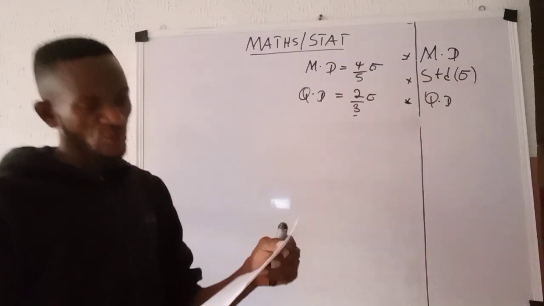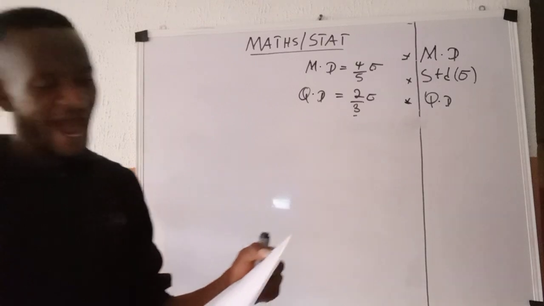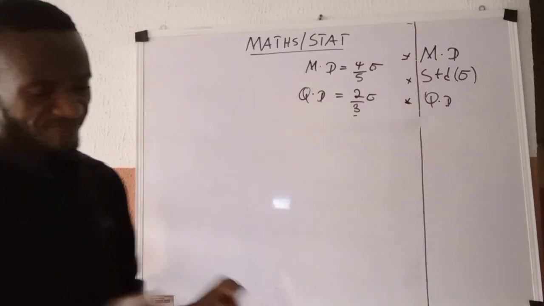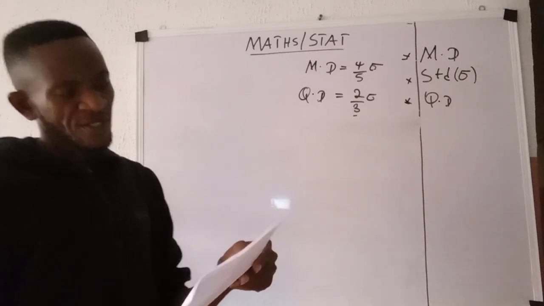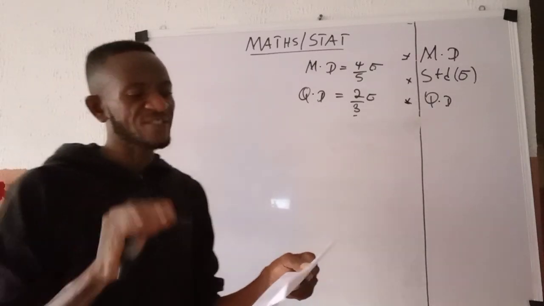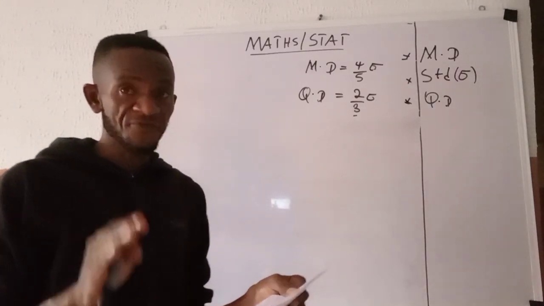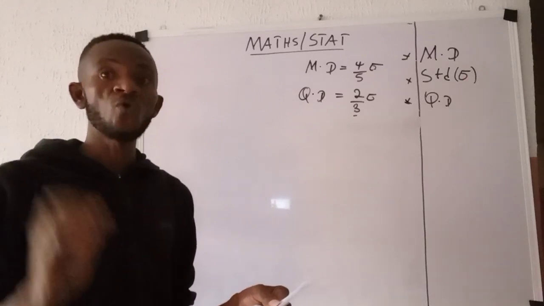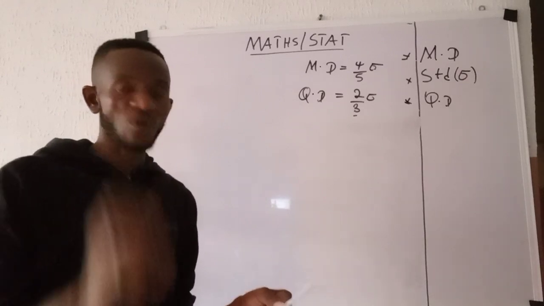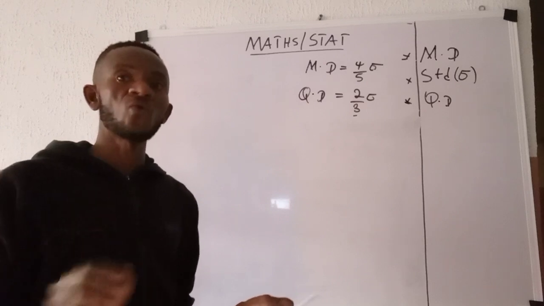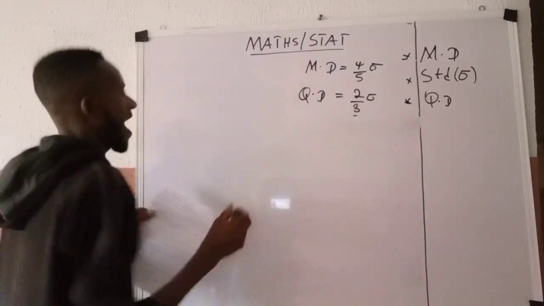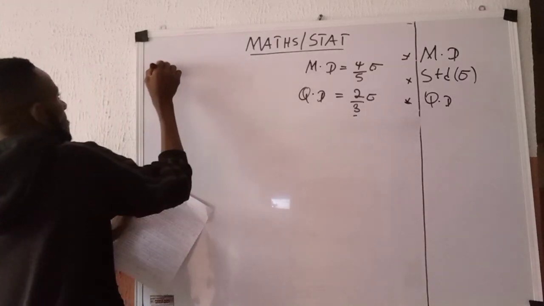This question we are going to solve now says, and I read: if the first quartile is 104. This is question number 2.